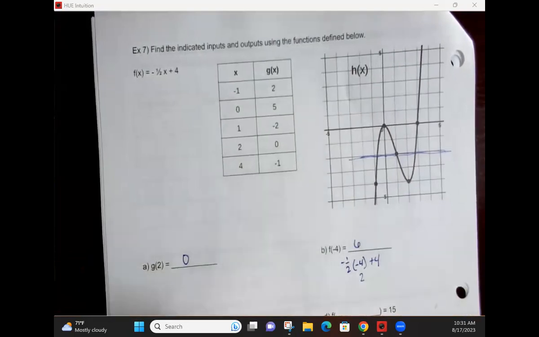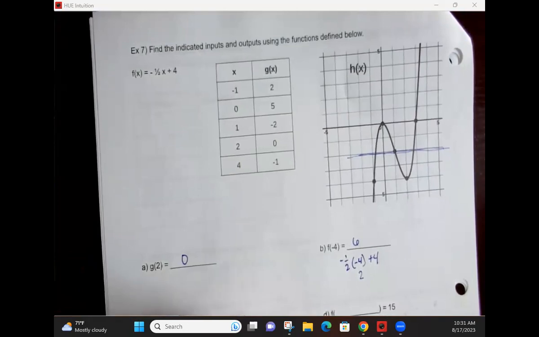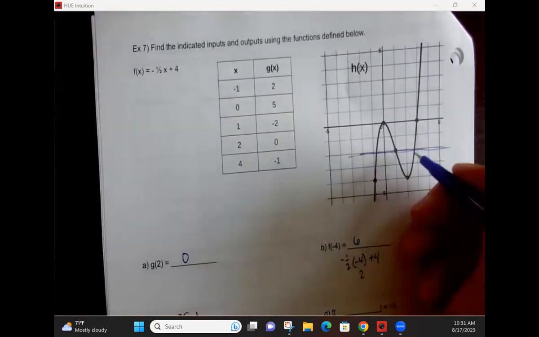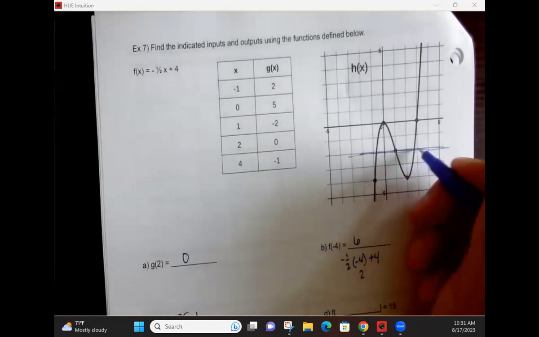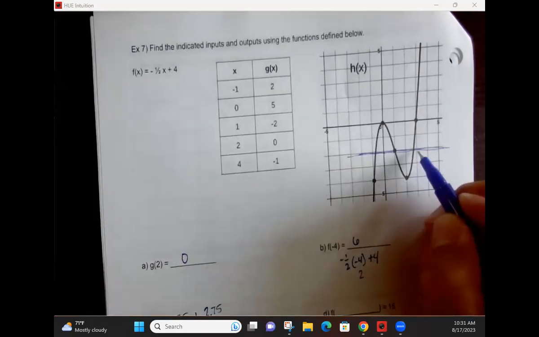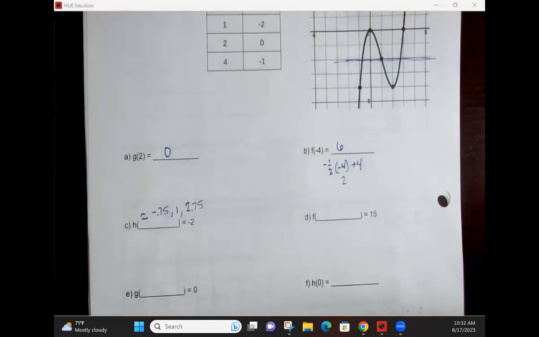I would say you should have approximately maybe negative 0.75 or negative 0.8, okay, for here. We've got 1, and then we've got approximately, let's say maybe 2.75, 2.8, something like that. Looks like it's a little past a half. So I'm selecting something a little bigger than a half.